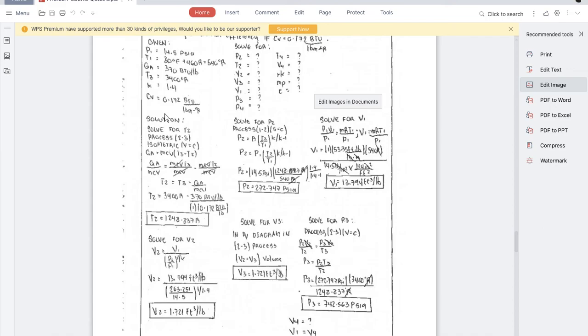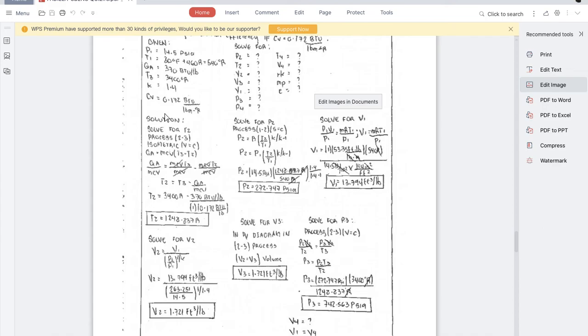So for the P2, what we get is 272.747 psia.